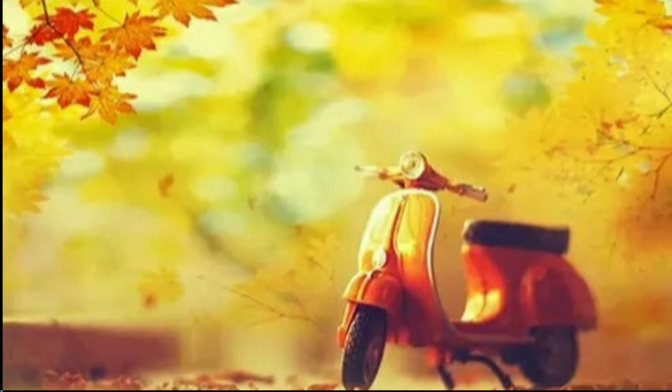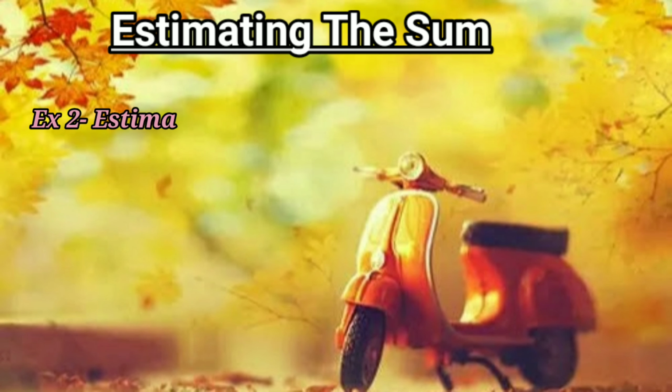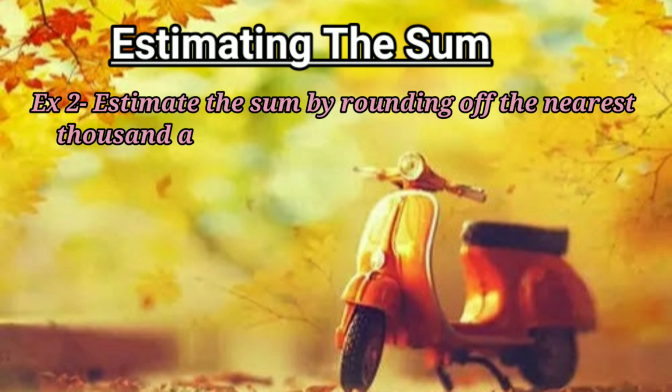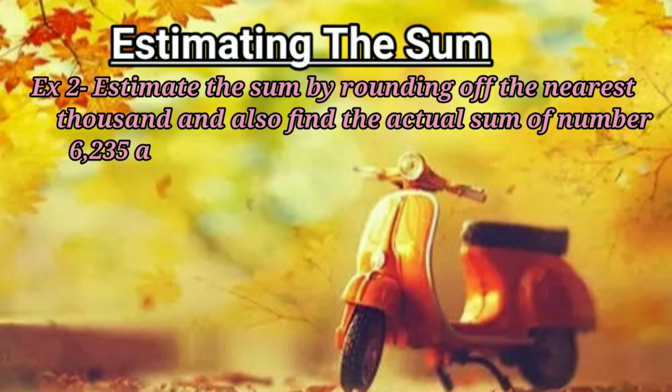Let us quickly solve one more example, which is: estimate the sum by rounding off to the nearest 1000 and also find the actual sum of the numbers 6235 and 2261.